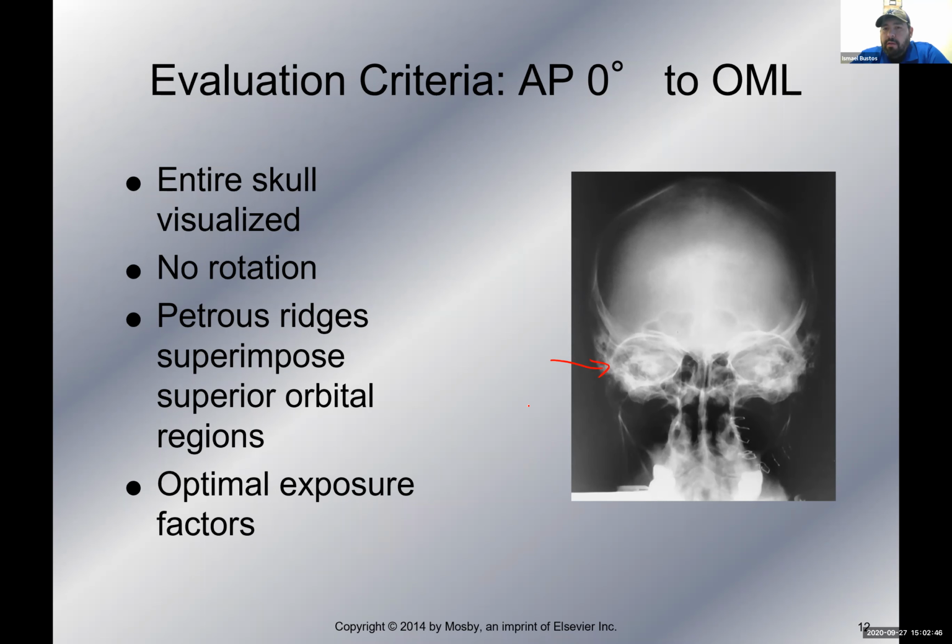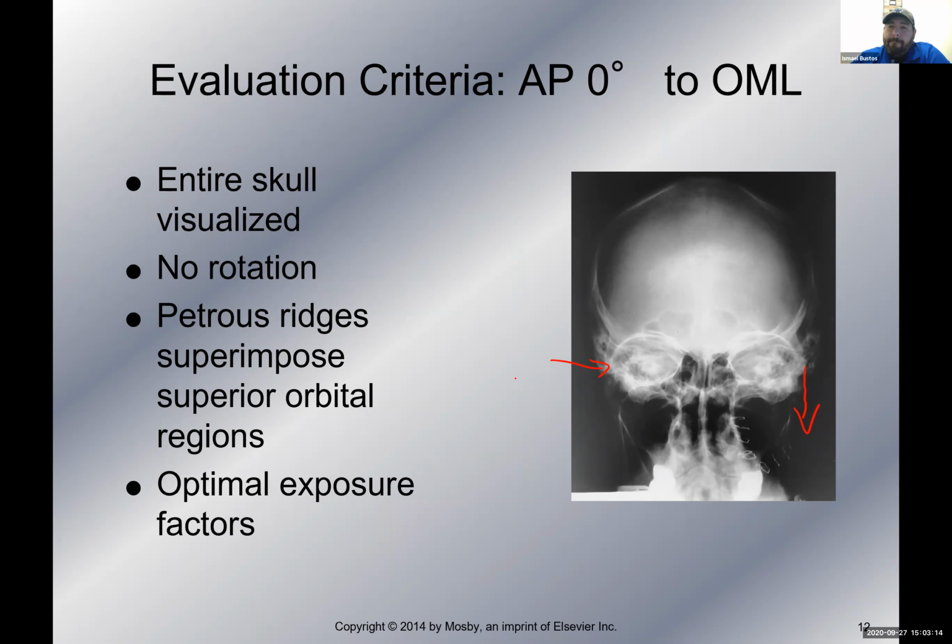Now, as you increase the angle between the CR and the OML, the ridges start moving down. More angle, they will get lower and lower within the orbits and eventually move out of the orbits below them. So 0 degree angle, they fill the orbits. As the angle increases between the CR and the OML, they move lower and lower within the orbits.